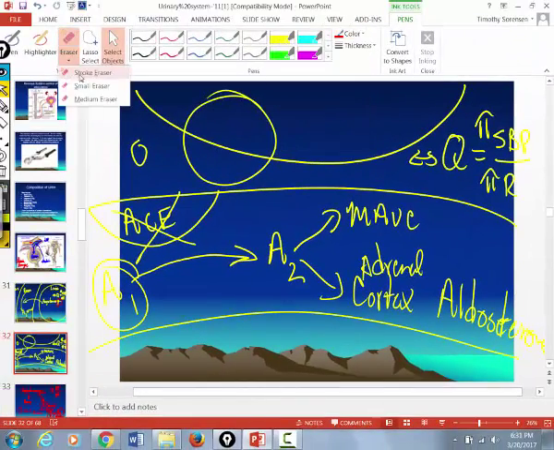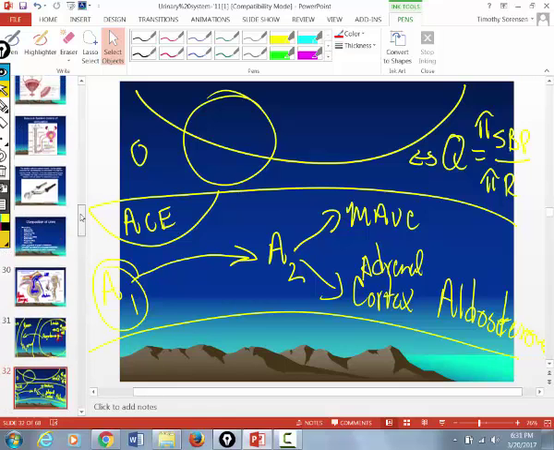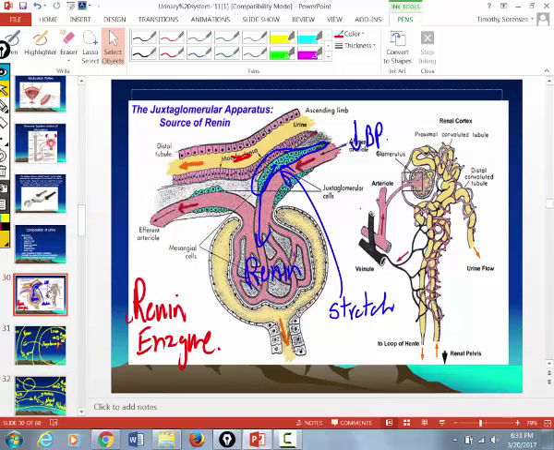There's an enzyme in the lining of the pulmonary capillaries called ACE, angiotensin converting enzyme. Are you with me? Okay. So I'm just going to give you this background, and I'm going to go through it really quick. Now, again, think for a minute.